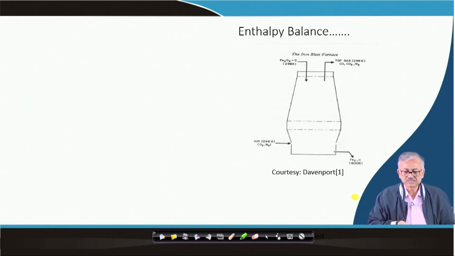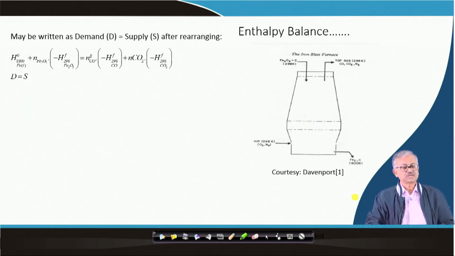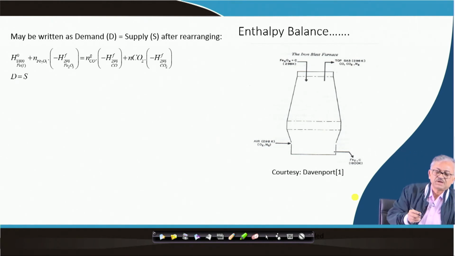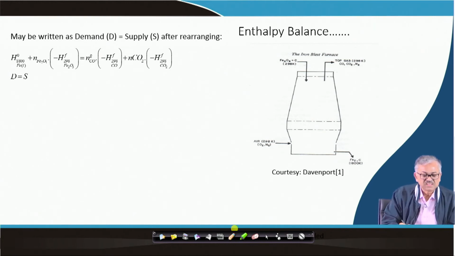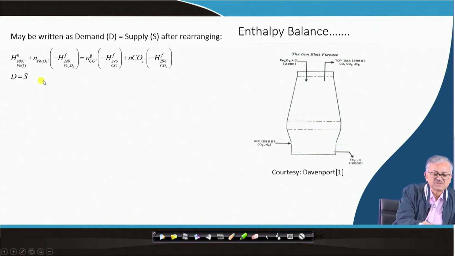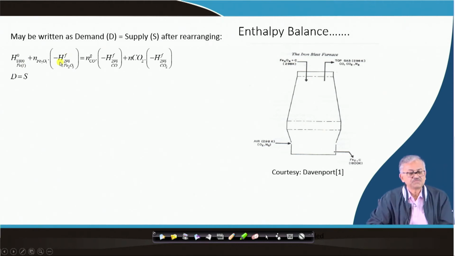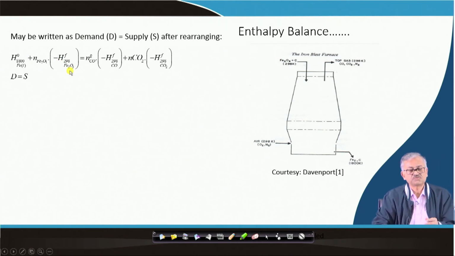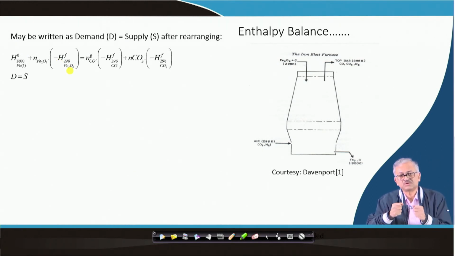And if I rearrange these terms a little bit, then I can write this equation as a heat demand and supply, where the demand part is on the left hand side. This left hand side is the demand, that is the standard enthalpy of liquid iron plus the term N_Fe2O3 times minus the heat of formation of Fe2O3, because heat of formation is when iron and oxygen combine to form Fe2O3, and that is an exothermic reaction.